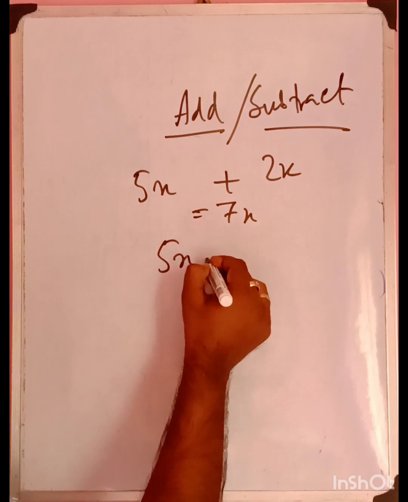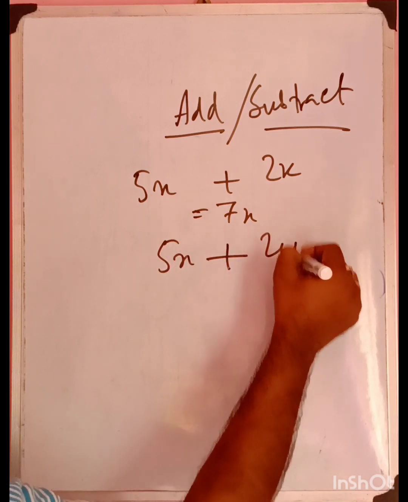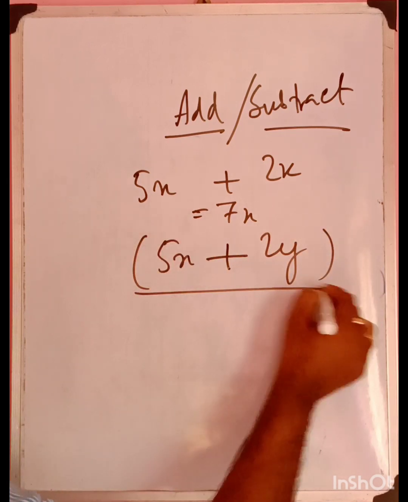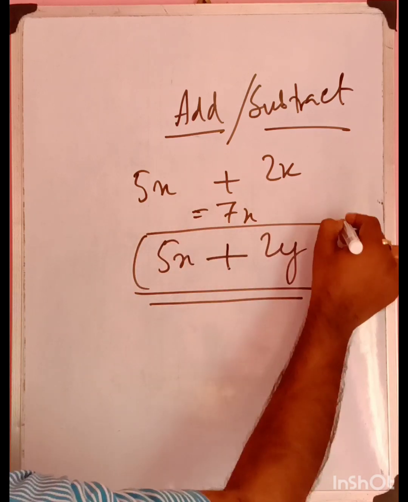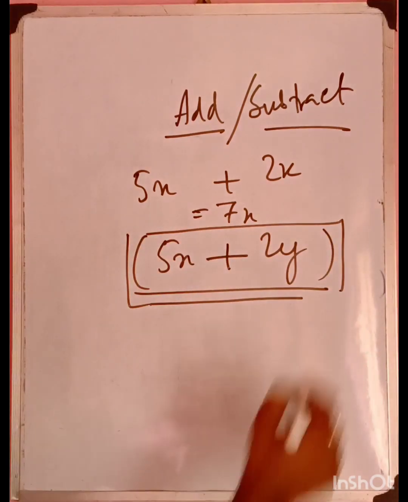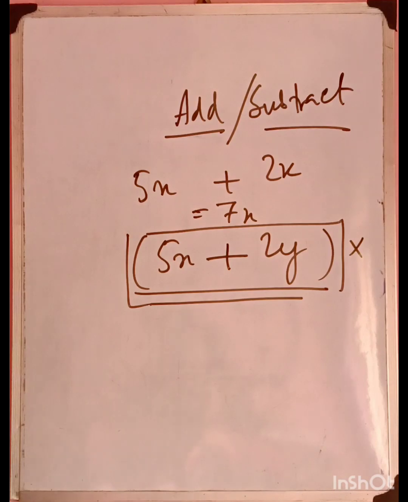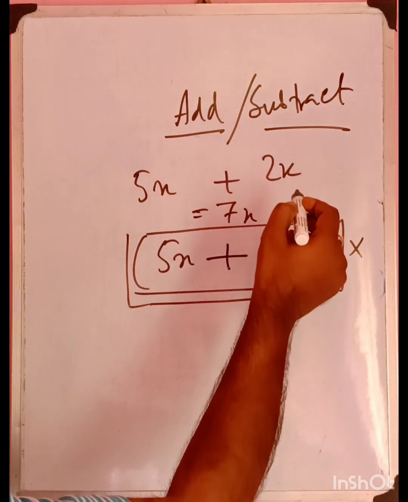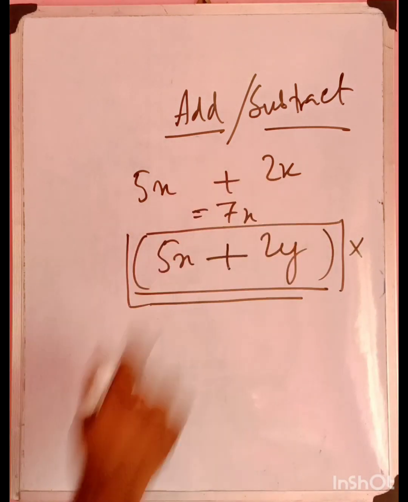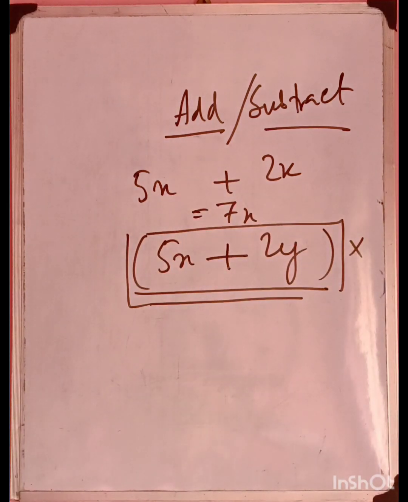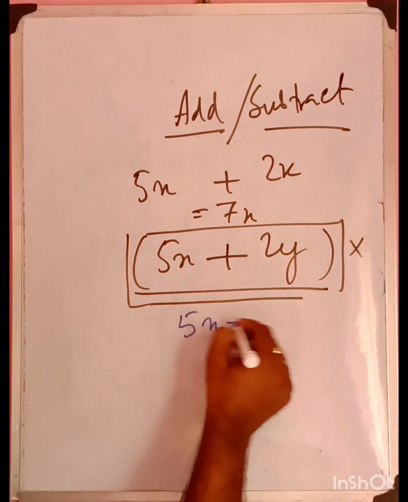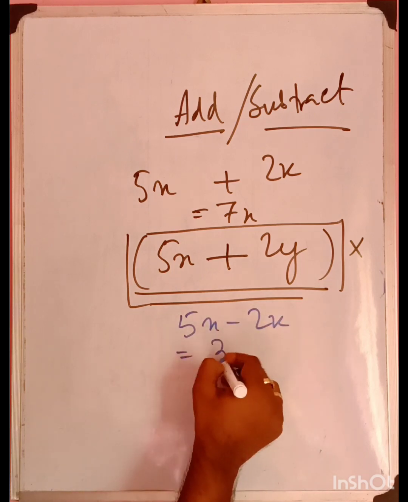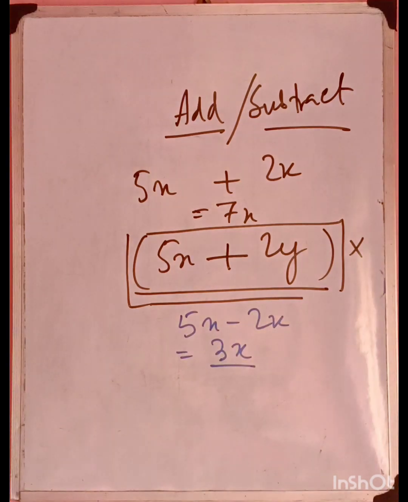But 5x cannot be added to 2y. You cannot get a single term by adding 5x plus 2y. You can only add the similar terms, 5x plus 2x. If it was 5x minus 2x, again this is 3x.